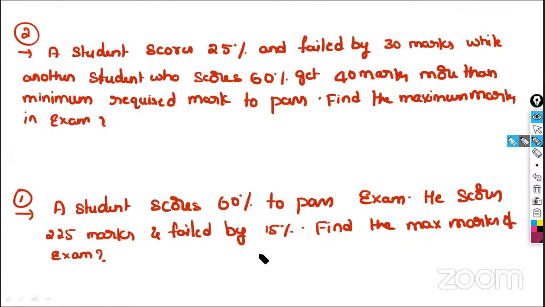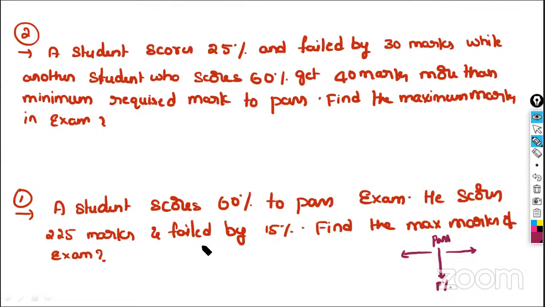Done. How to solve it, sir? See, this is the pass mark, or pass percentage. If less, that means this is before. If more, that means this is more. So here 60% of marks is the pass mark.